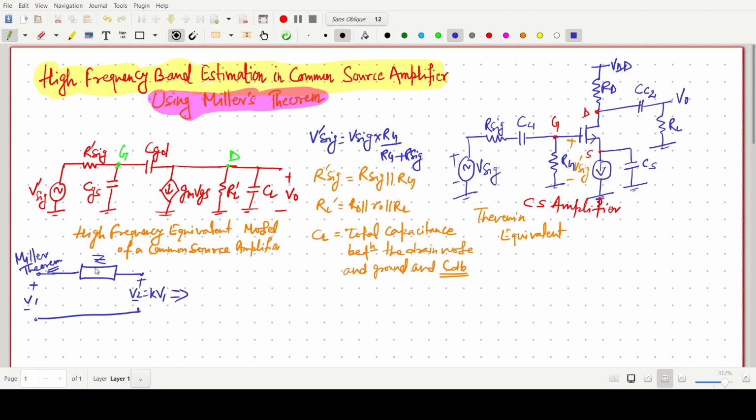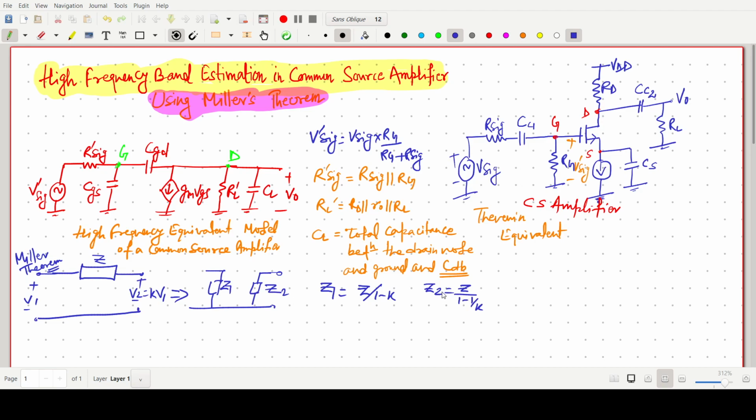So this bridging capacitance between two voltages will be redrawn by using two impedances, say Z1 and Z2, okay, where this Z1 is nothing but simply Z by 1 minus k, and Z2 be the Z by 1 minus 1 by k, okay, where k is the gain.